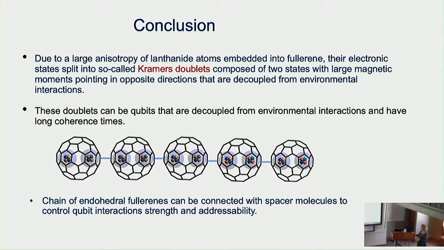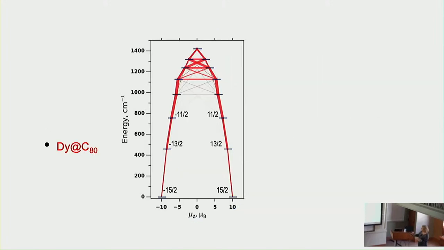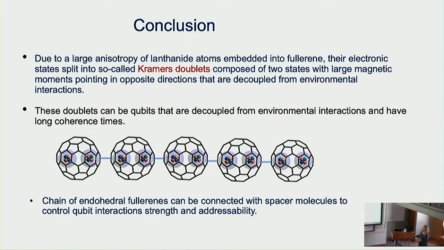And of course, there are many of them. I just show, like here, for example. So there are many of them, so you can choose the lowest one or the highest one. So first of all, embedding these qubit-type things inside of fullerenes, protecting them from the environment.